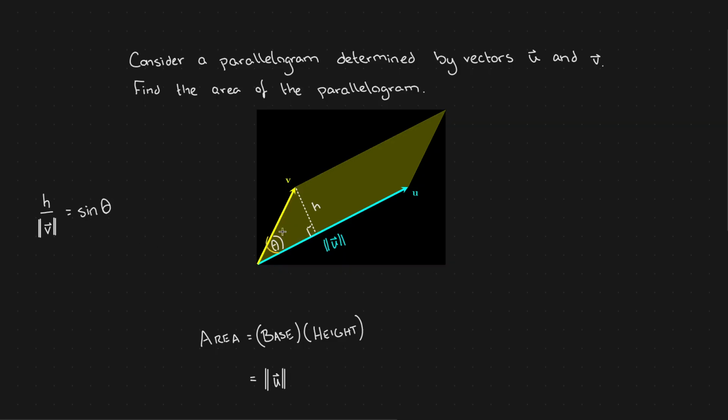I just used this angle here and got opposite over hypotenuse. Opposite is the height I want. Hypotenuse is the length of vector v. And so the height is just the norm of vector v times sine of the angle between the two vectors.